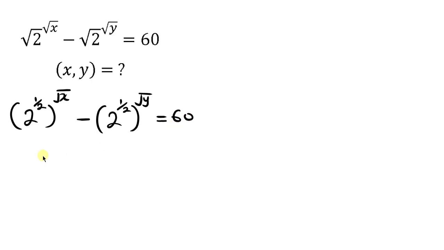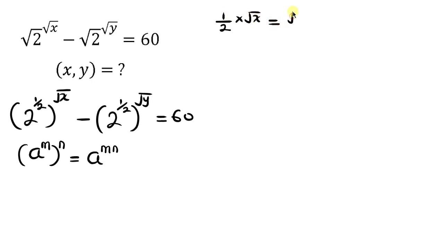Now, our next step will be for us to apply the law of indices, which says when I have a base a raised to the m, and this is raised to the n, the powers multiply. That means this becomes a to the mn. So the power here is half times the power outside, the square root of x, which gives the square root of x over 2.